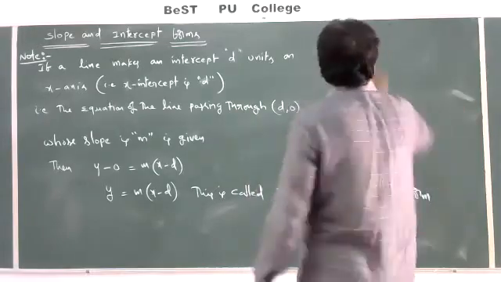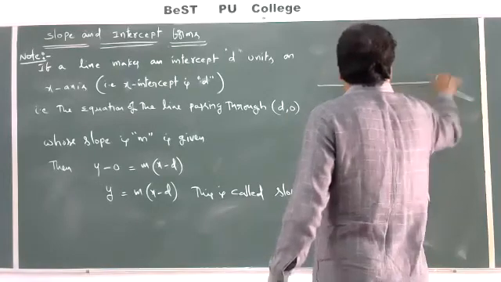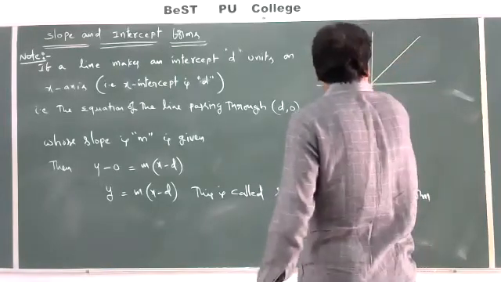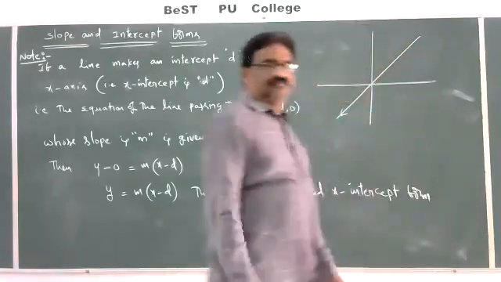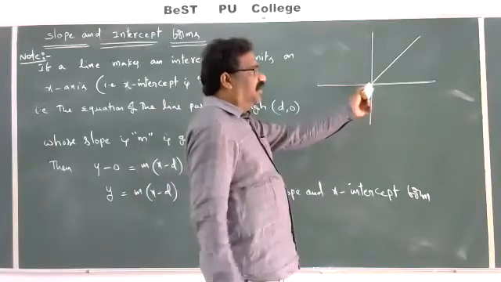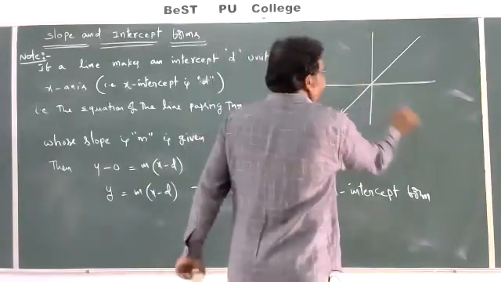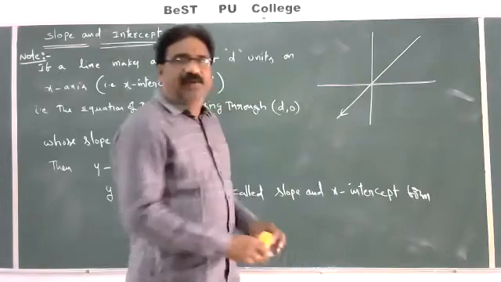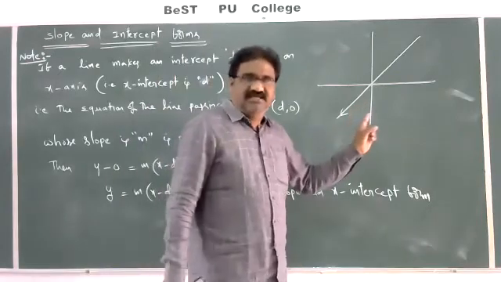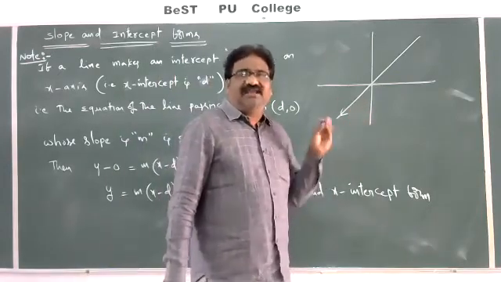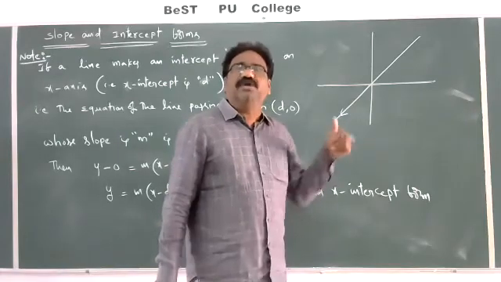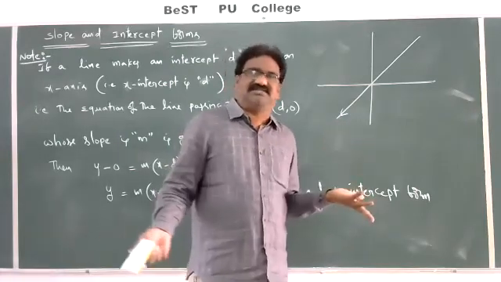Here we discussed one single point. If a line passes through the origin, like this and like this also, it means this line makes 0 units intercept on the x and y axes.